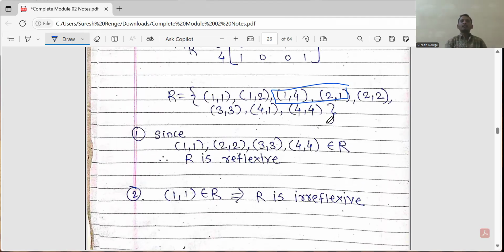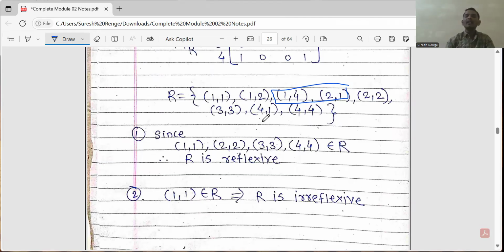A is directly related to C. So for (2,1) and (1,4), which belong to R, what is the result? The result is (2,4) by applying the transitivity property. But (2,4) does not exist in the relation. If you observe that relation, (2,4) is not an element of our relation.